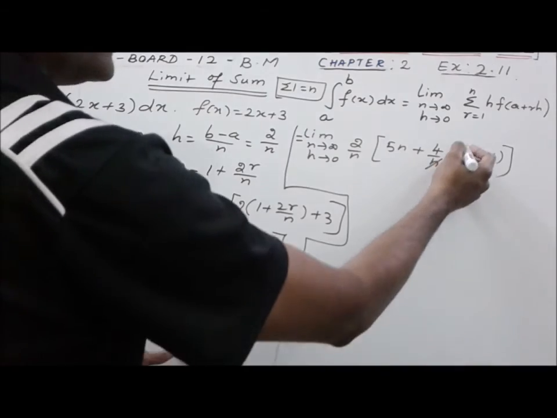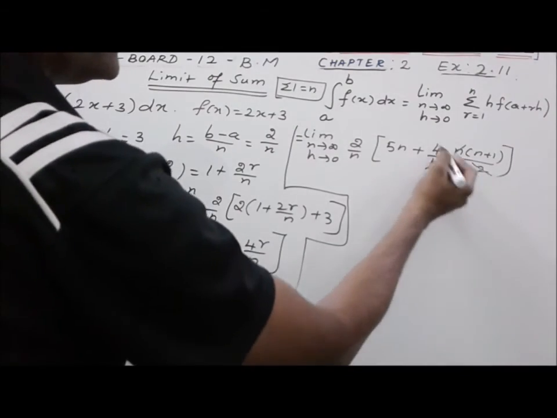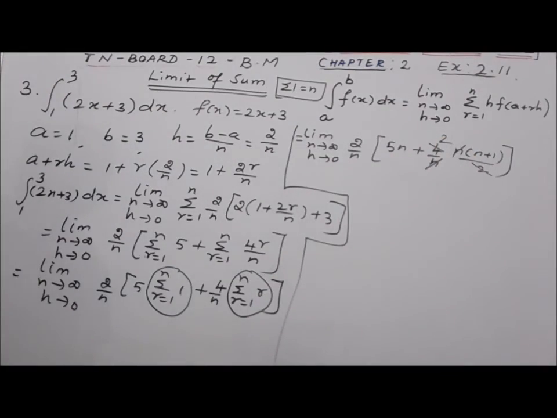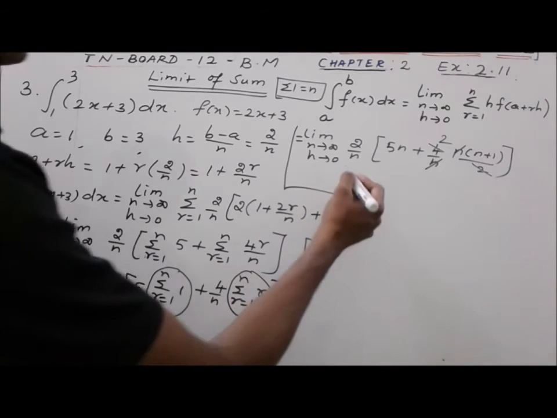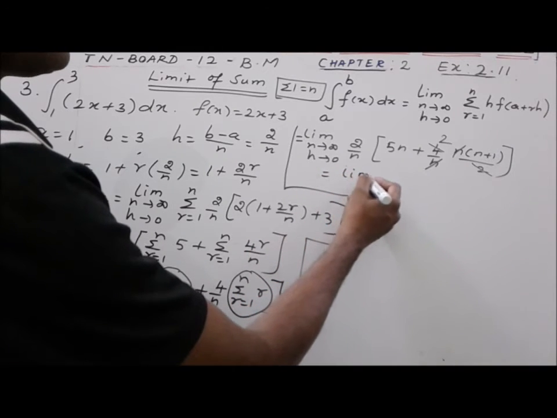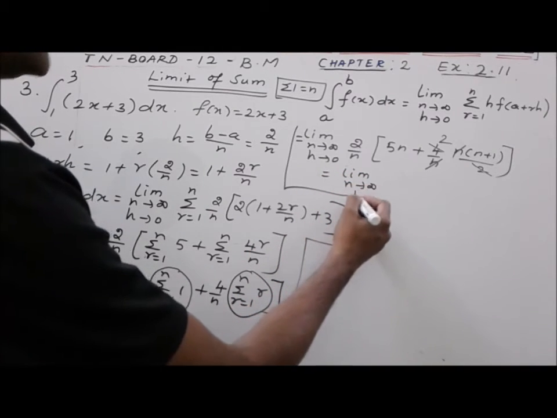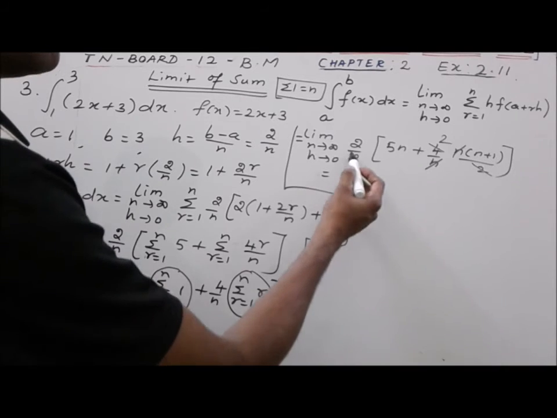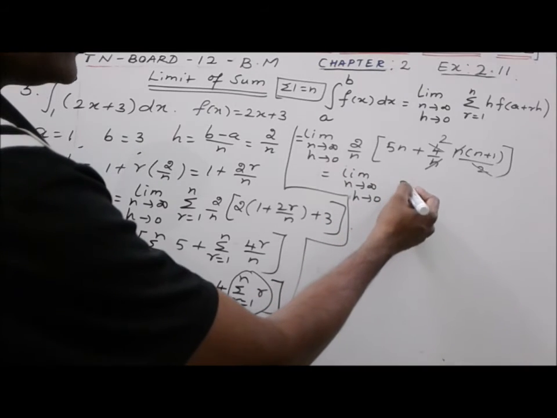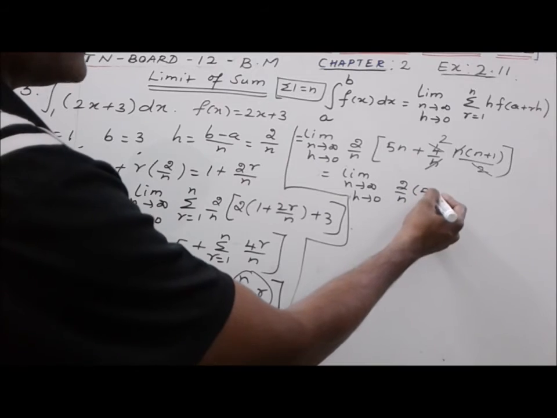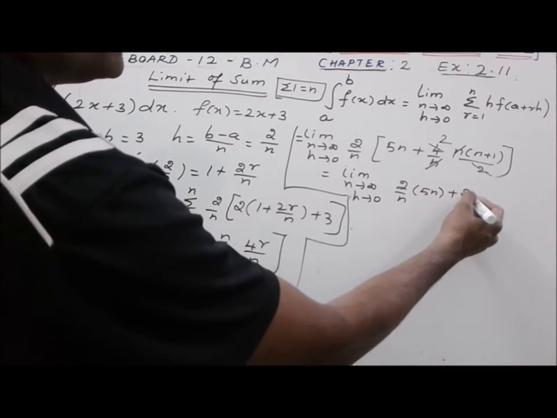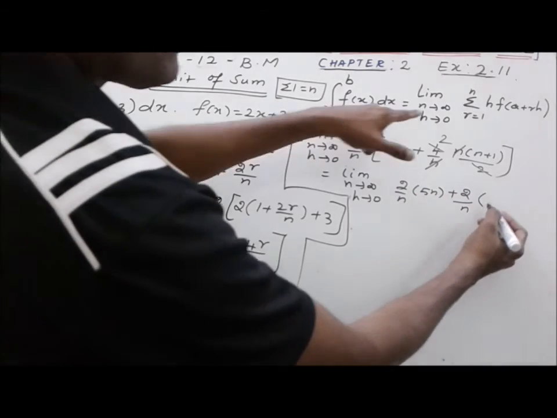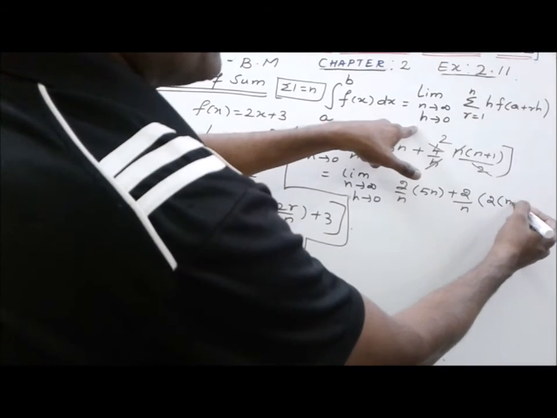We can cancel these two n, and 4 divided by 2 is 2. Now multiplying 2/n inside, 2/n times 5n plus 2/n times 2(n + 1).